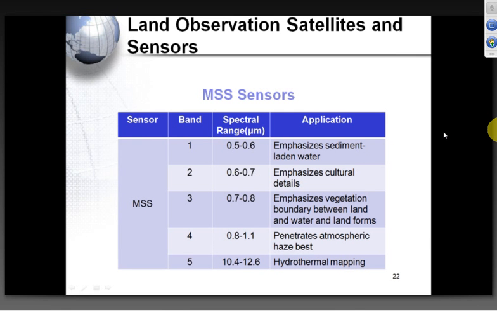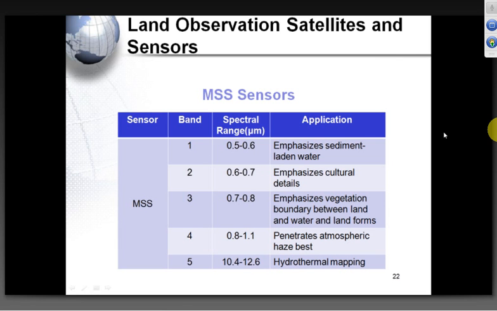The next is MSS sensors. It has got 5 bands. The spectrum range in micrometers is given for each and every band, and the various applications that can be carried out with the help of the images obtained from these sensors.